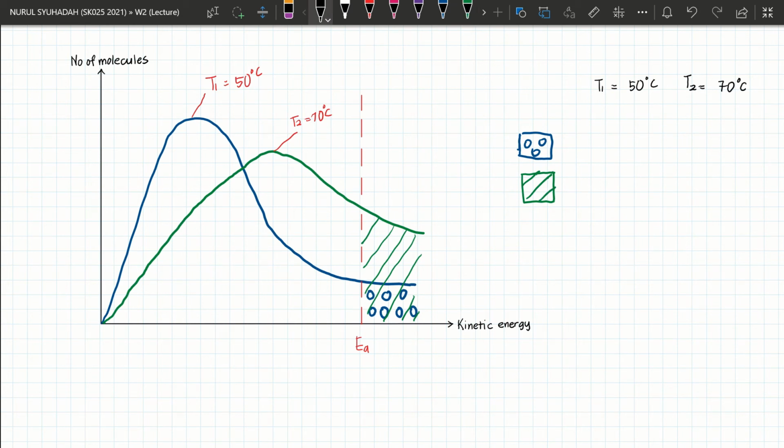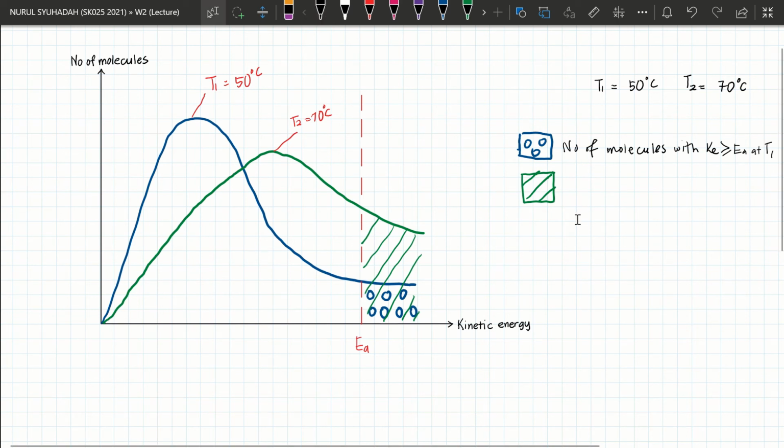Then put, number of molecules with KE more than EA at T1. And then you put the value, 50 degrees Celsius.